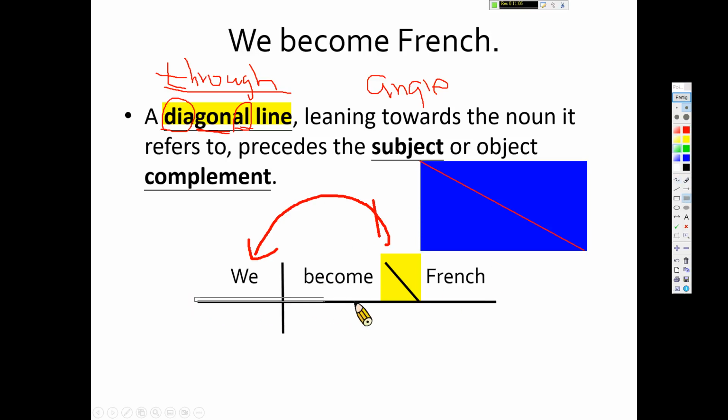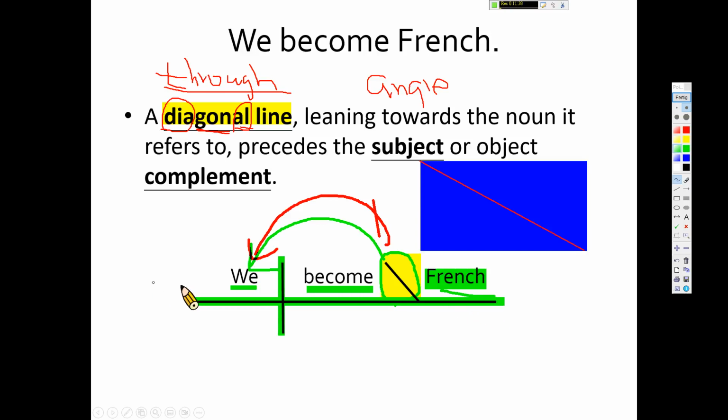Main line is always there, and the vertical line goes through the main line and is always there, and this is the subject, and this is the verb, right? And now, the noun following the verb is a subject complement. Then if this is a subject complement, we use a diagonal line instead of a shorter vertical line. Okay, it refers to the linkage between French and we.